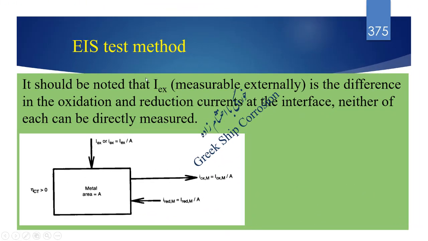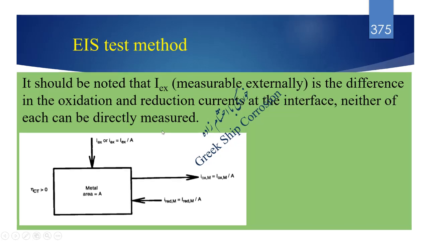It should be noted that external current, measurable externally, is the difference between the oxidation and reduction currents at the interface. Neither of them can be directly measured.